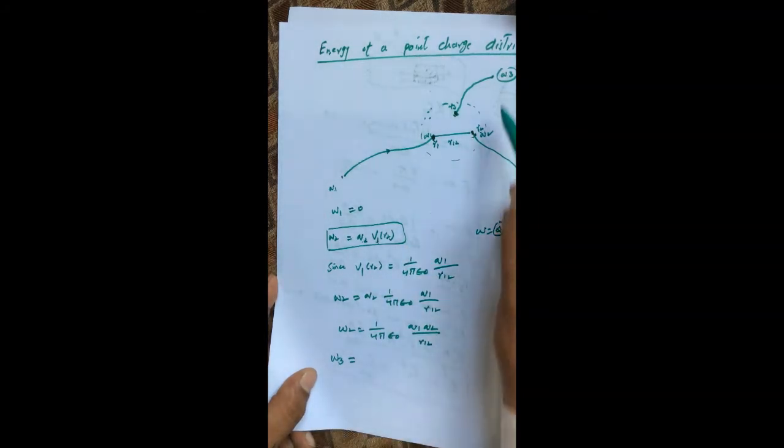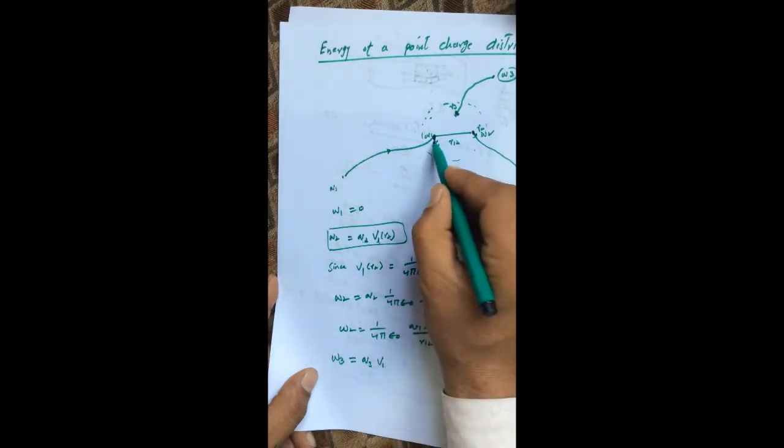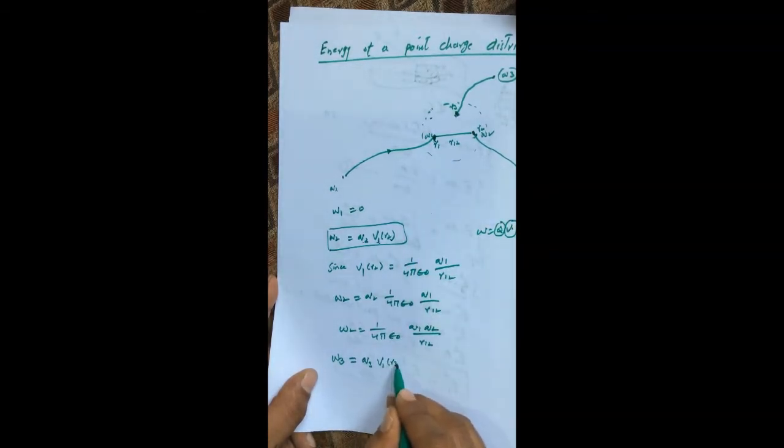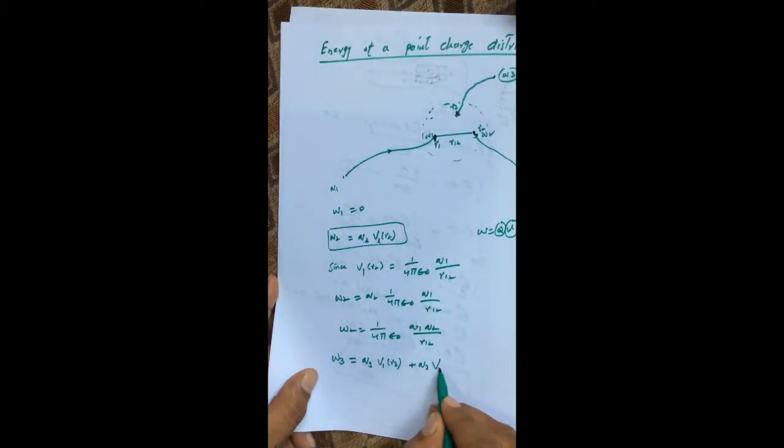Now we are bringing charge Q3, so it will be equal to Q3 times potential of charge Q1 at point R3 plus Q3 times potential of charge Q2 at point R3.